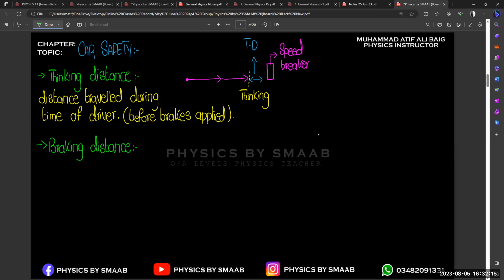Let's suppose we talk about the braking distance, right? This is the point where we actually think that we need to apply the brake, and after this green dot we press the brake pedal. Whenever we apply the brake, it takes time to stop the vehicle.